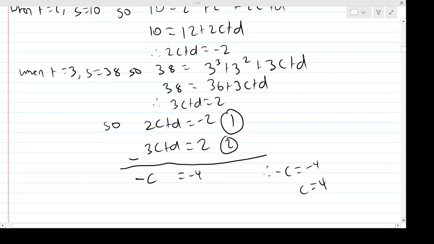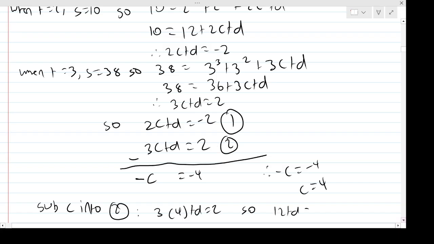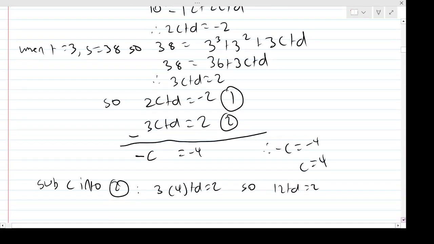Then I can sub that into one of the equations. Let's say the second one. So therefore 3c, which is 3 lots of 4, add d is 2. So that means 12 add d is 2, which means d has to be minus 10. So there we are. We got our two unknowns.